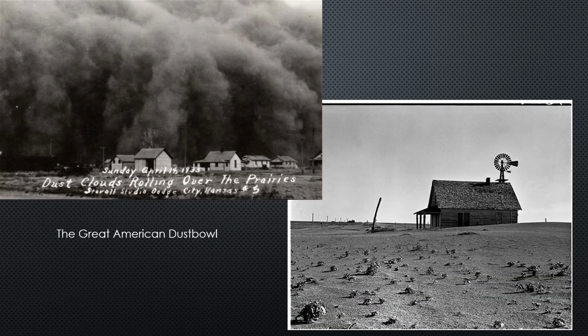Our best, or maybe worst, example of erosion is, of course, the Dust Bowl. And that happened on the Great Plains of America and Canada in the 1930s. It kind of came in three waves, in '34, '36, and '39. And essentially it was just, I think, a misunderstanding.